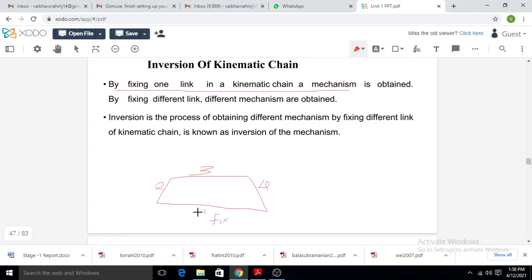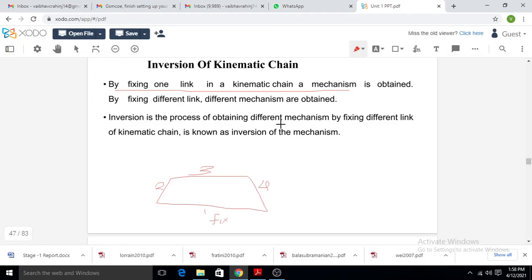Suppose we fix link 1, then we get some mechanism; if we fix link 2, we get a different mechanism; if we fix link 3, a different mechanism; and if we fix link 4, again a different mechanism. So if we fix any one of the links we obtain a different mechanism, and this method is called the inversion of the mechanism.